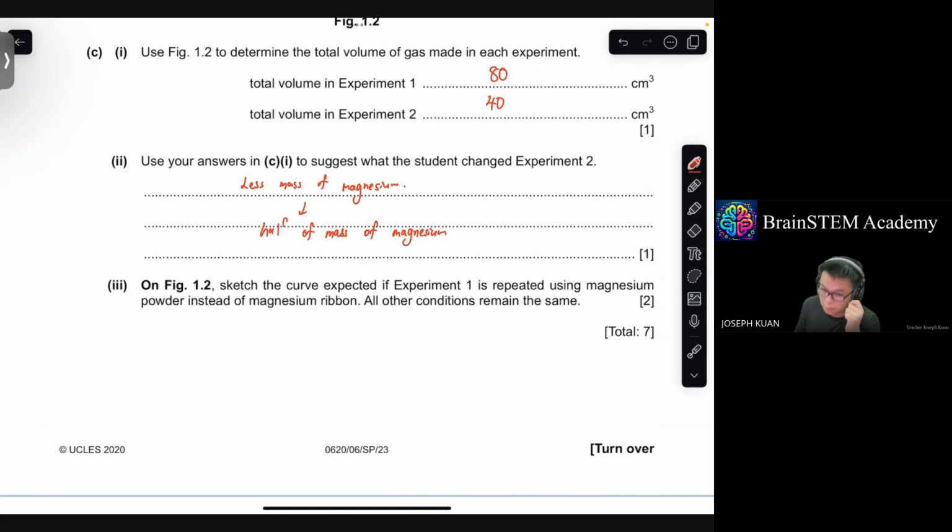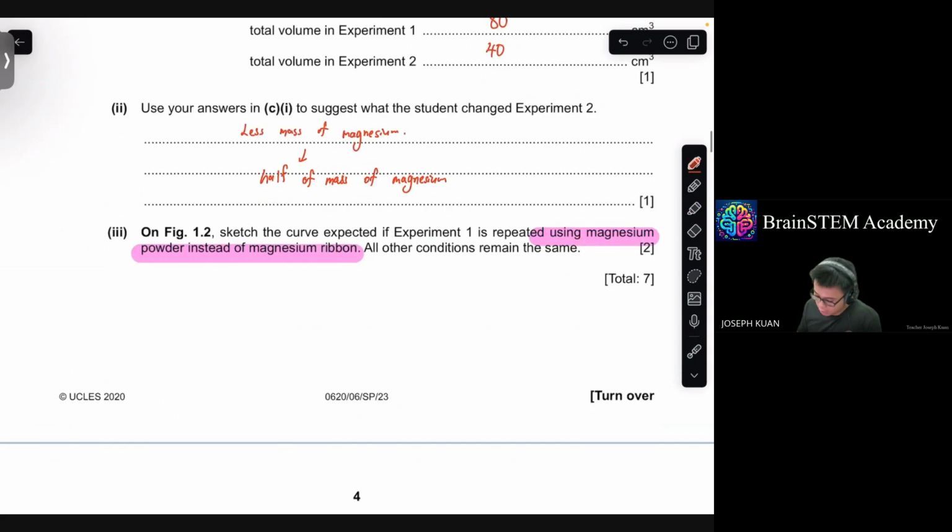Moving on to the next question. On figure 1.2, sketch the curve expected if experiment 1 is repeated using magnesium powder instead of magnesium ribbon. All other conditions remain the same. So we know that by using powder, other than ribbon, it will lead to a greater rate of reaction.